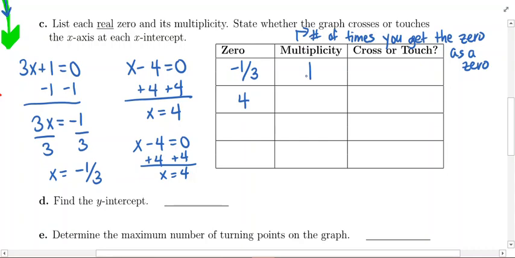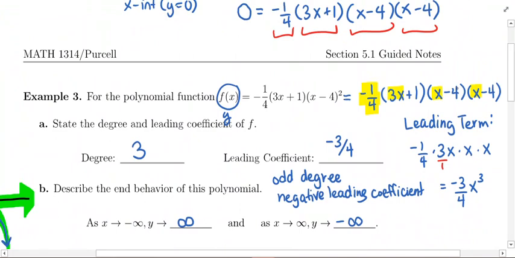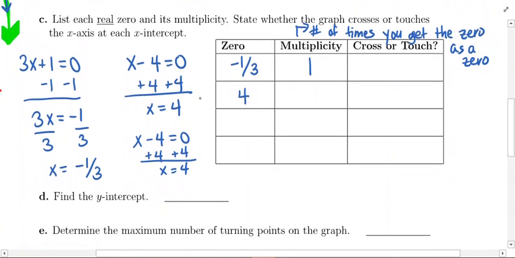On the other hand, x minus 4, that particular factor was in the factorization twice, 2 times. So technically, we got the 0 of x equals 4 twice, so its multiplicity is 2. Basically, that is what multiplicity is. It's the number of times you get the x-intercept or 0 as a 0. It's the number of times that the corresponding factor appears in the factorization. Hopefully that makes sense.